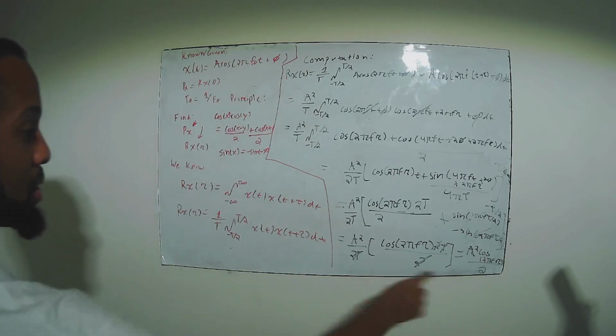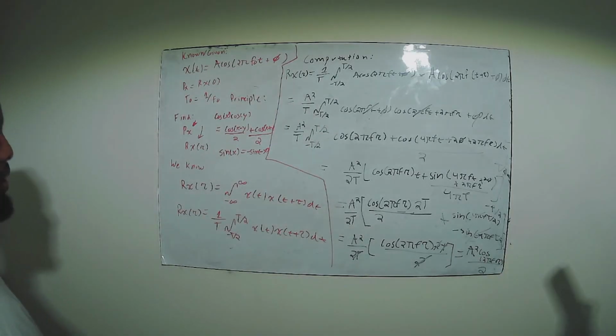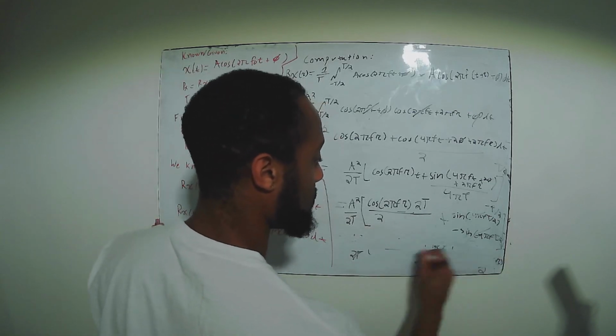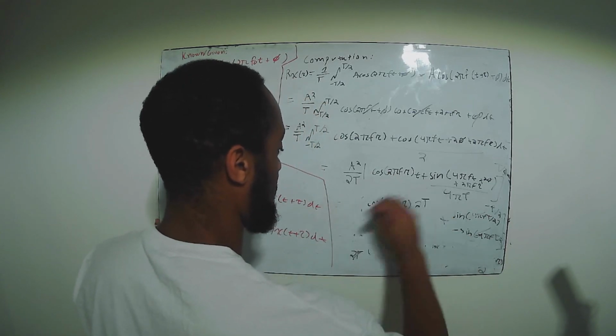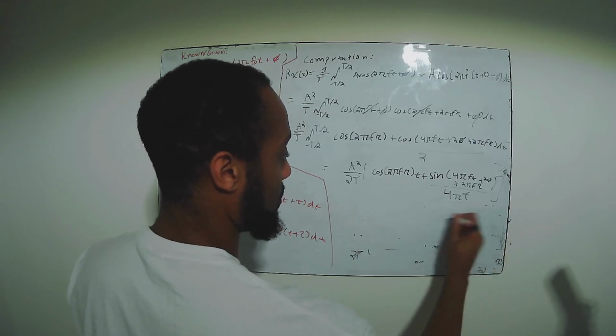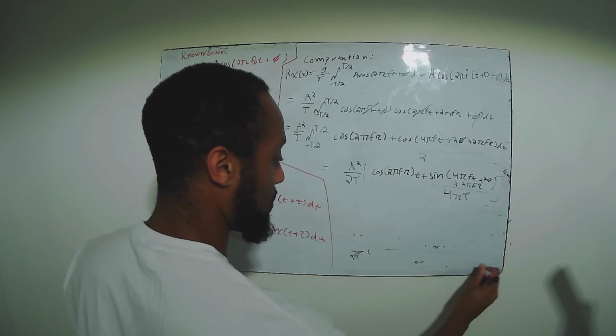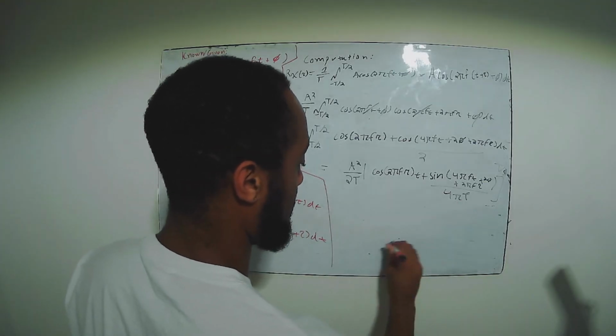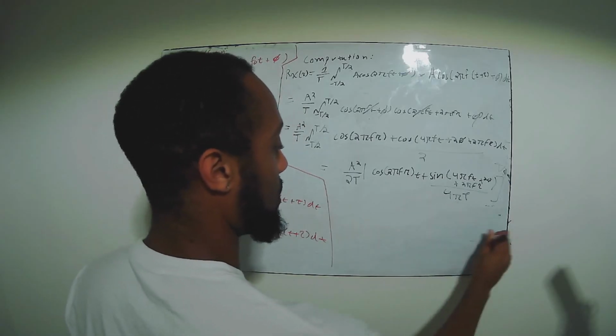So that's going to be our Rx of tau function. So let's erase all of this, and just erase this at the bottom here. We only need this space right here.